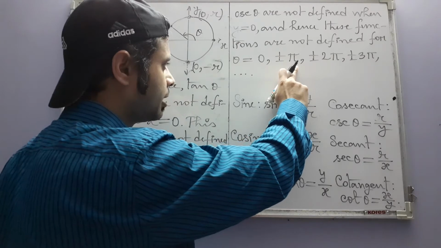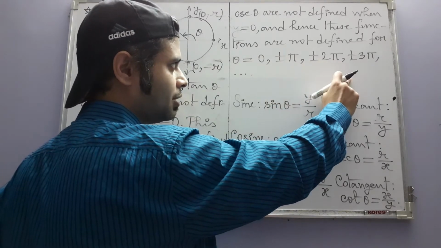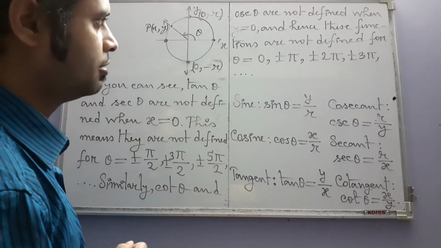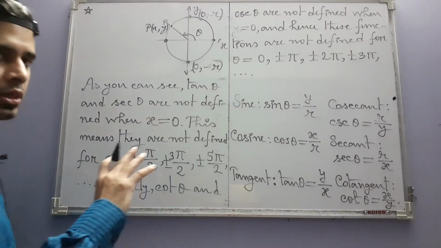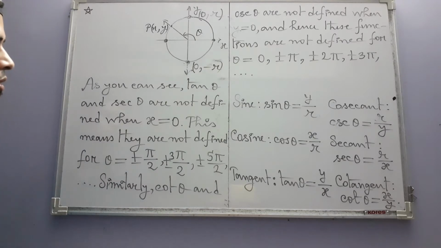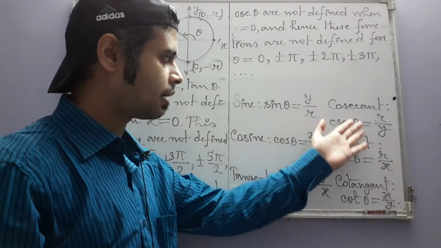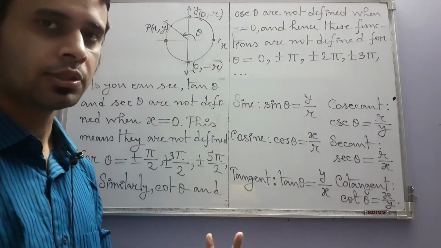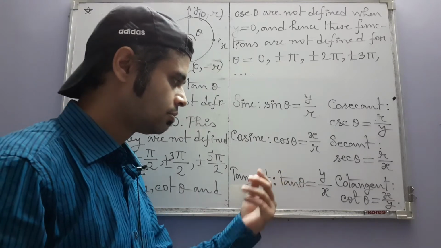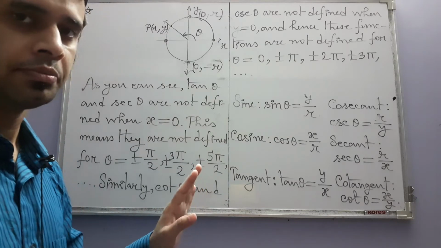Had we decided to write, then we would have written 2 pi divided by 2, 4 pi divided by 2, 6 pi divided by 2, so all even multiples of pi divided by 2, which ultimately turns out to be just all multiples of pi. So it's not that these functions are defined for all values of theta. Some of them require us to chuck out some values of theta from their domain.